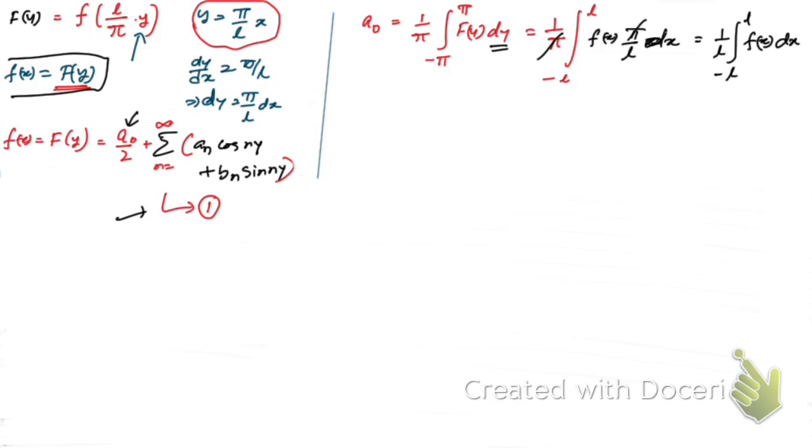Now for an even function, since the interval is minus l to plus l, you can write 2 by l integral from 0 to l of f of x dx, because f of x is an even function.